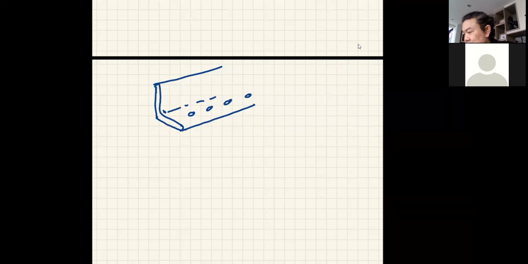So I can say that this is the outstanding leg. It stands out. We don't have any connection on it. So you can say that this is free in the air.